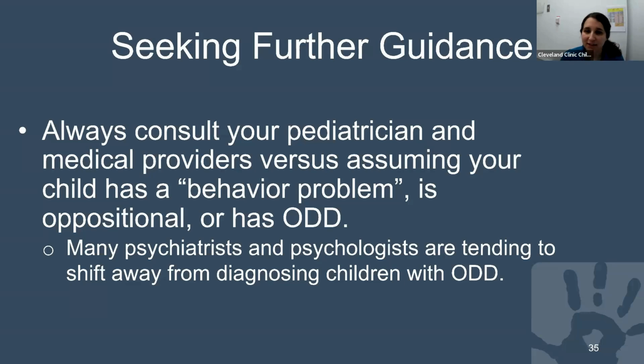So if you're ever concerned that my kid is a bad kid, or my kid has a behavior problem, or they're oppositional, instead of just assuming that your kiddo has ODD, it's always good to talk with their pediatrician and other medical providers, or a psychologist or psychiatrist if they see one, to find out whether that's truly ODD, or whether there are other things going on.